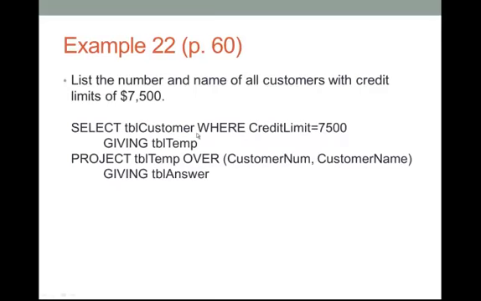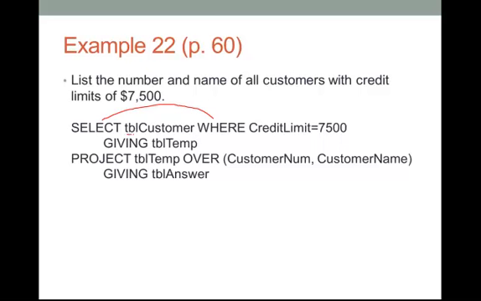Another example, example 22 on page 60, says list the number and name of all customers with credit limits of $7,500. So in this case we have a criteria, but we also only want certain columns. This example means that we first have to do a select and then we have to do a project. So select always has a where.